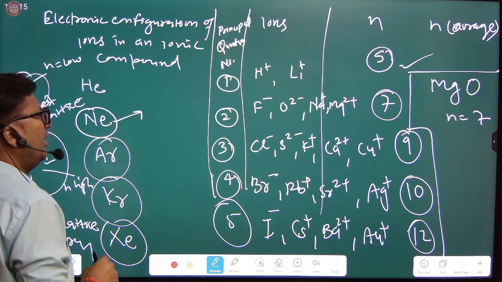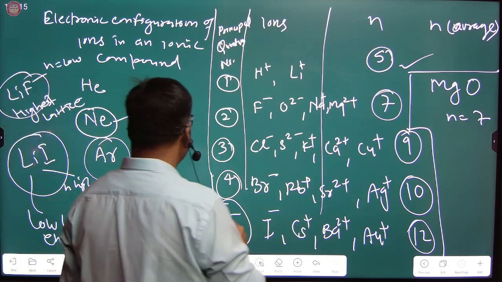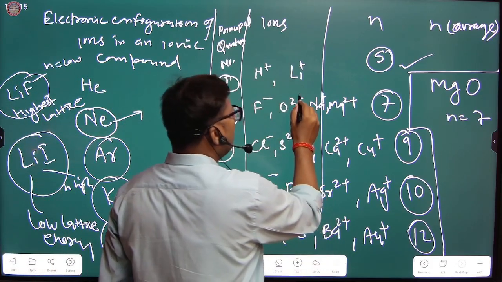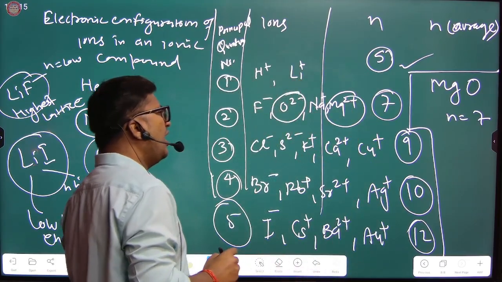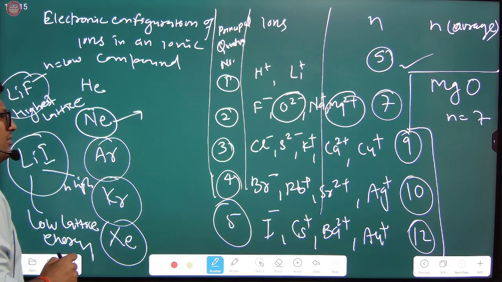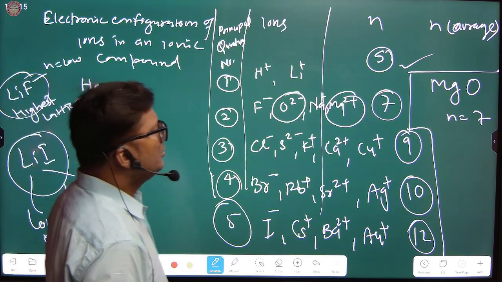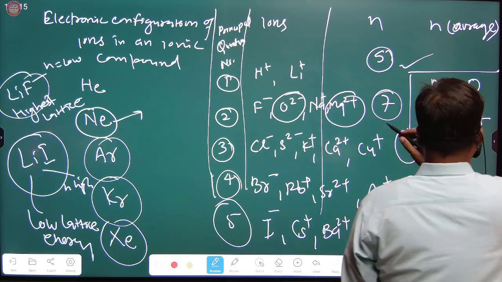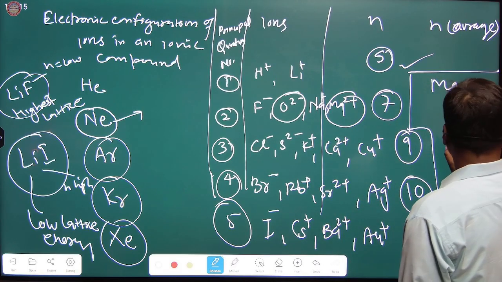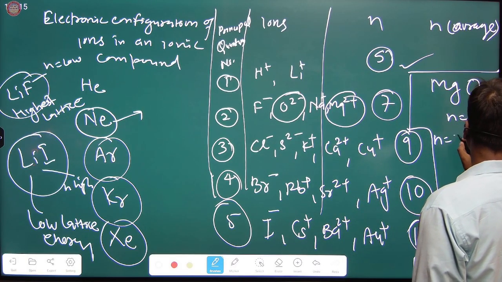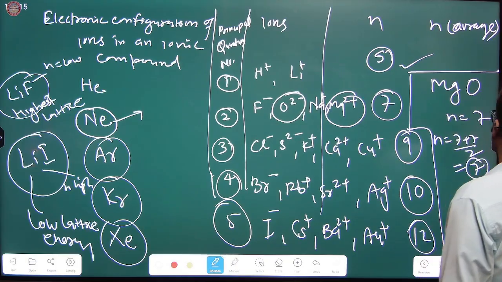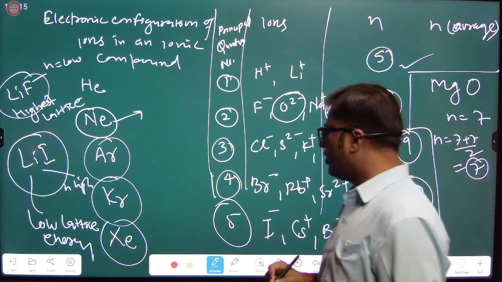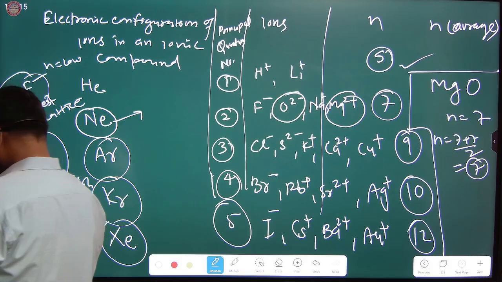The Born exponent corresponds to neon for both oxide and magnesium 2 plus. Both ions, cation and anion, exist in this structure. So the average Born exponent n is equal to 7 plus 7 upon 2, which is 7. So for MgO, the Born exponent is 7.